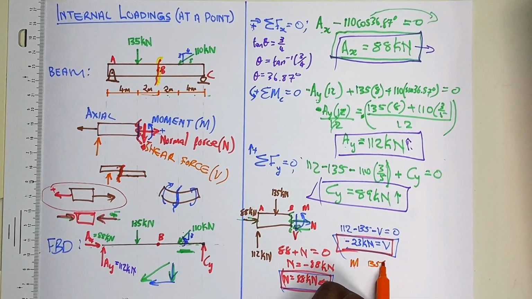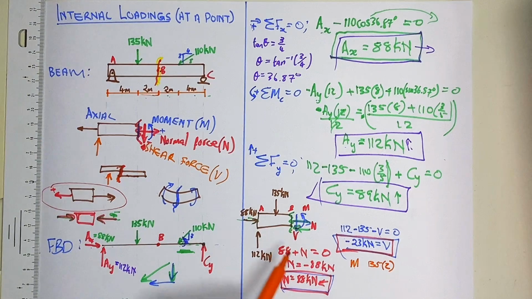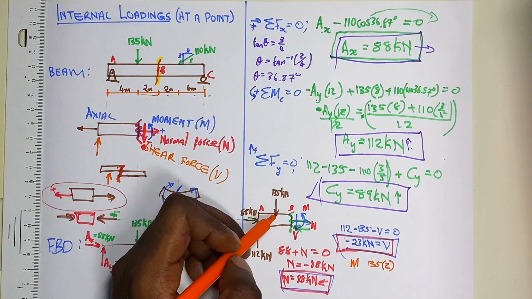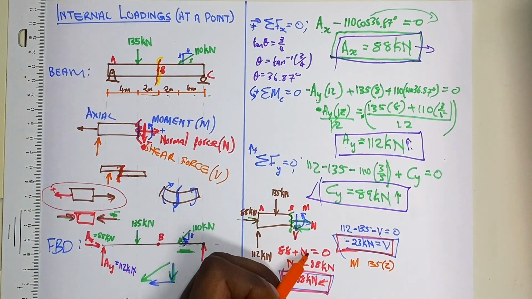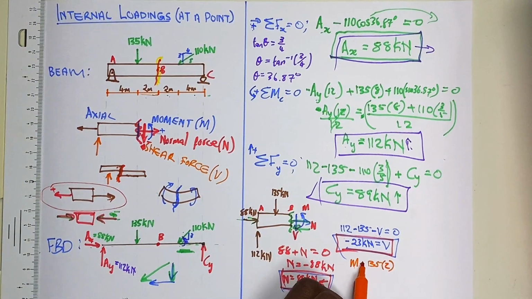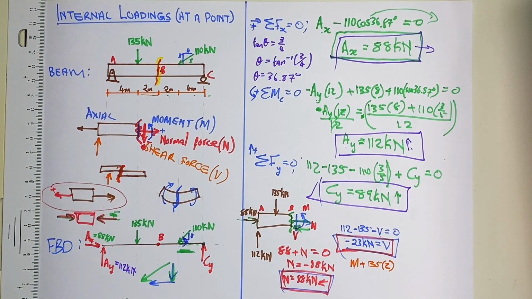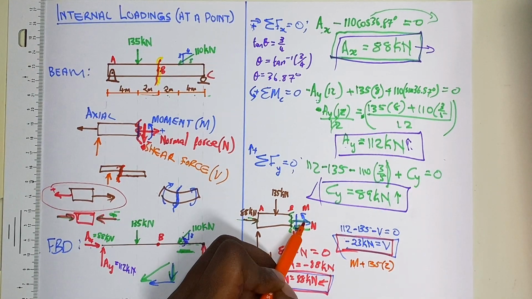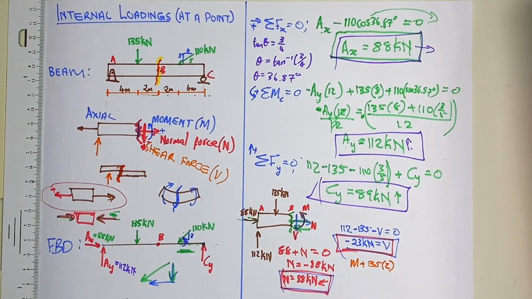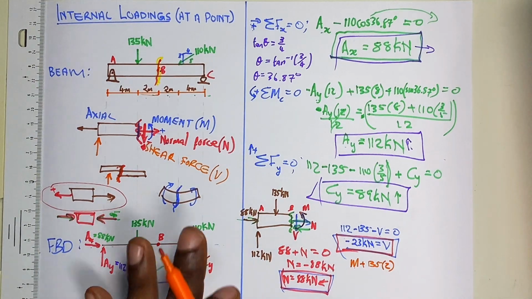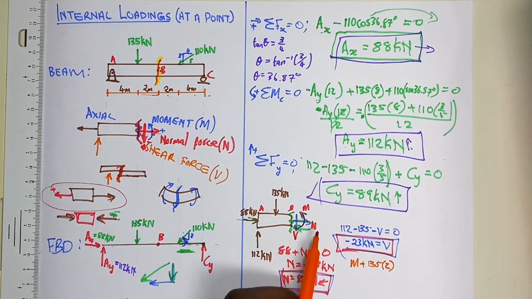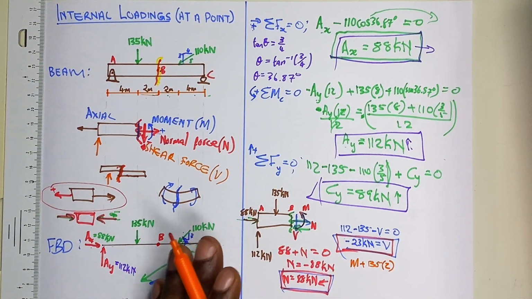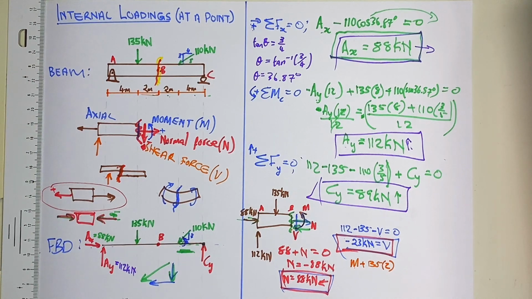It is acting 2 meters away. Because it is causing a rotation in the same direction as M, it will also be positive. M, remember, is the one that I had assumed is going anti-clockwise, but this is the sign convention that we'll use to make sure that we are consistent in all our calculations.